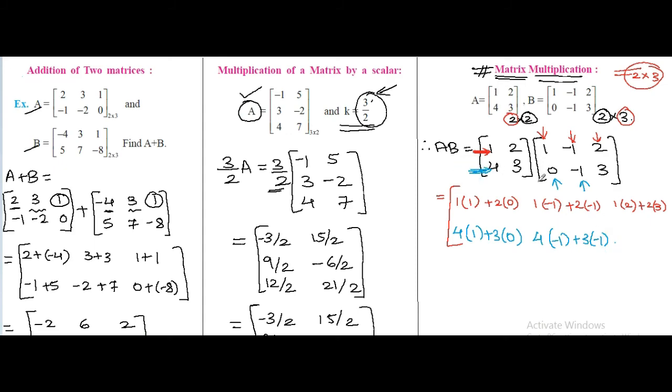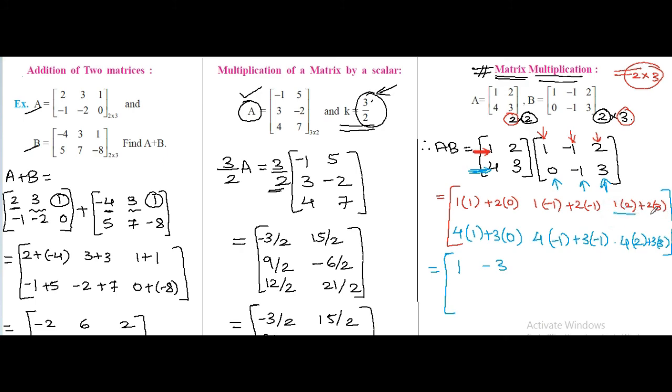Now, second row and third column. Now 4 into 2 plus 3 into 3, right? Now that gives us a new matrix, that is 1, that will be -3.